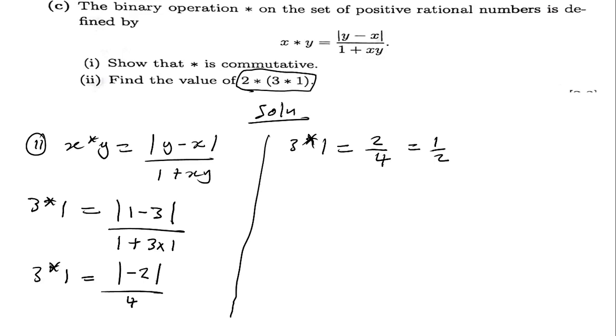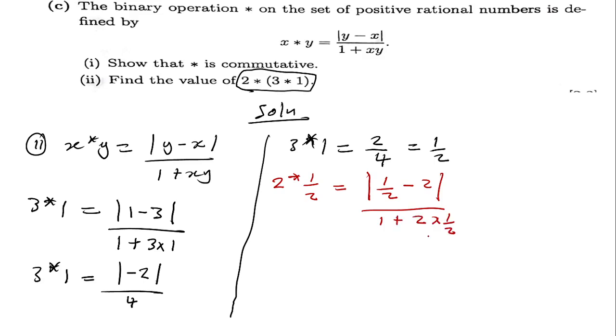When you have 3 star 1, you replace it with 1 over 2. So what you are going to have now is 2 star 1 over 2. Where there is y, you are going to put 1 over 2, and then minus where there is x, you are going to put 2, over 1 plus 2 times 1 over 2.